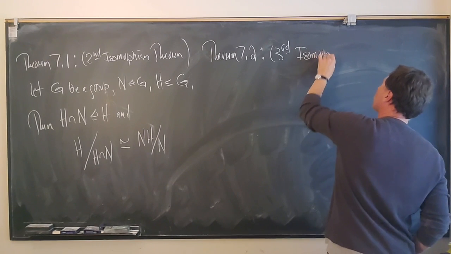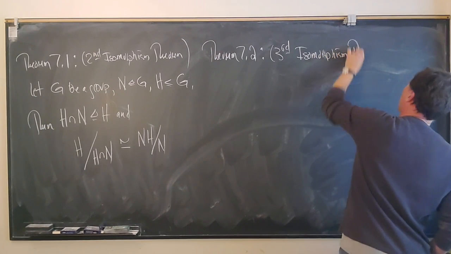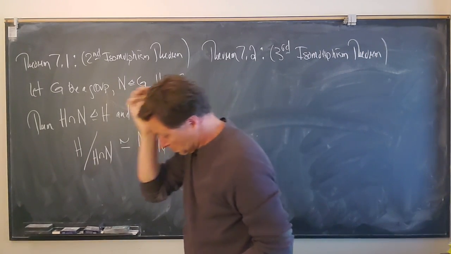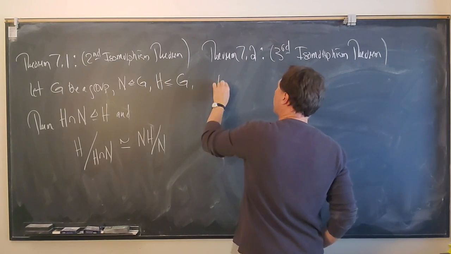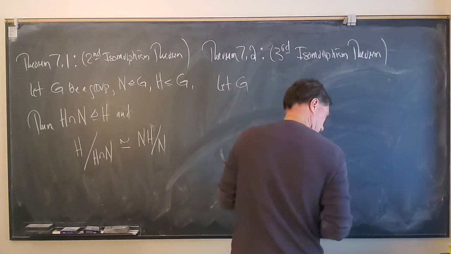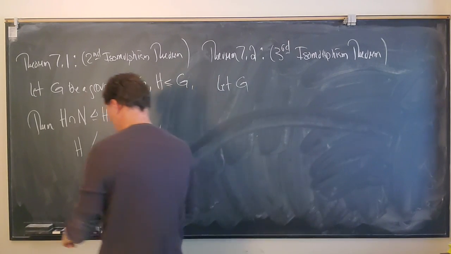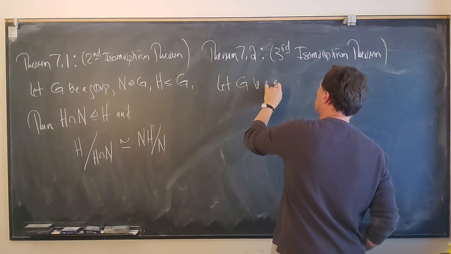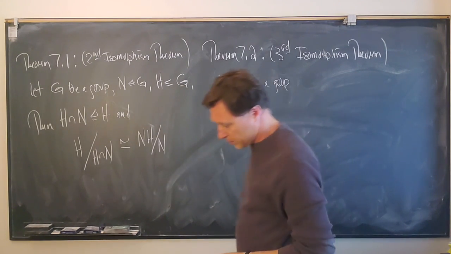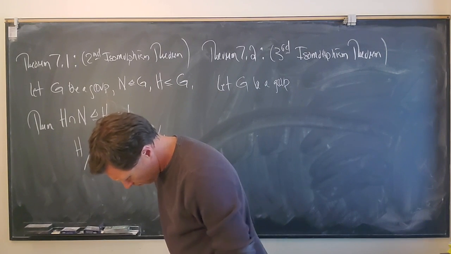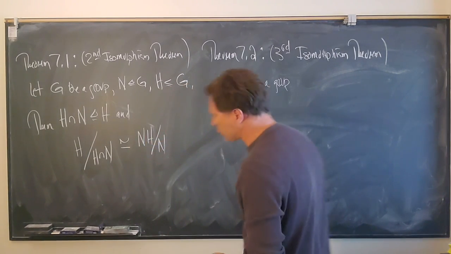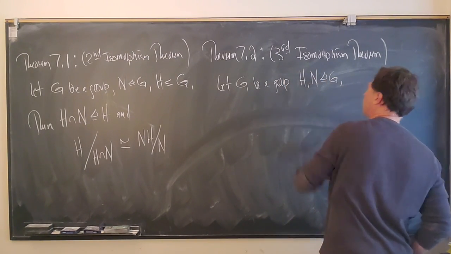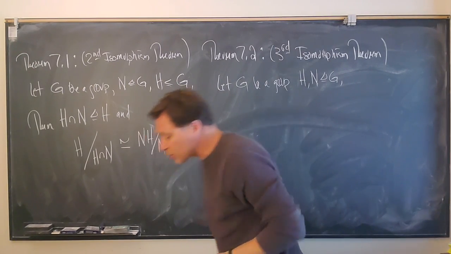So let G be a group, and then I need a couple of subgroups, both of them normal, so H and N, both normal in G, with H contained in N.